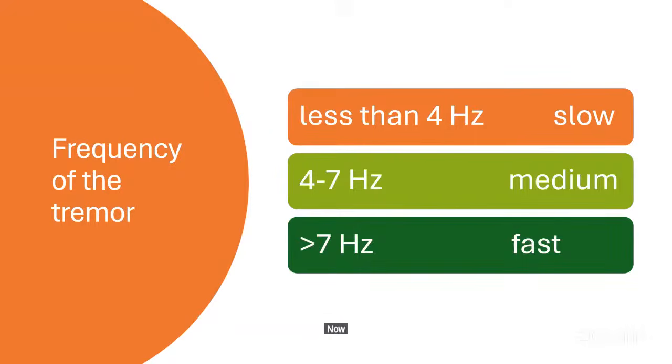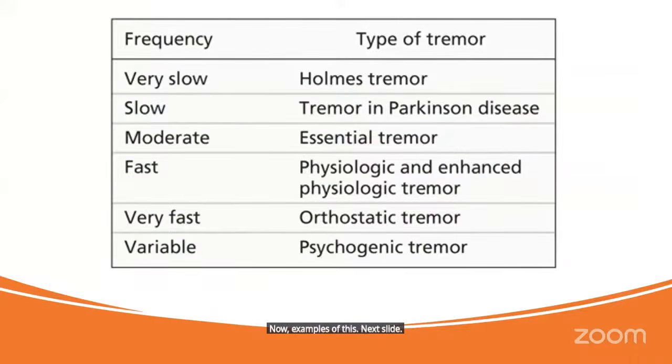Now examples of these, next slide. No, there is one slide in between the two. One more slide. I think that was missing. Oh, just a second. Just a second.